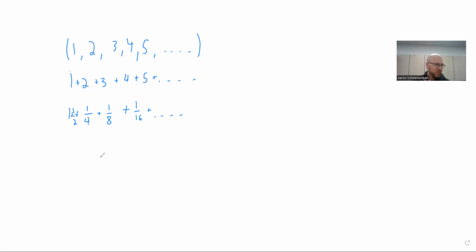So we have some shorthand notation, and it's called summation notation. So I'll write the sum notation. This little symbol is the Greek capital letter sigma.